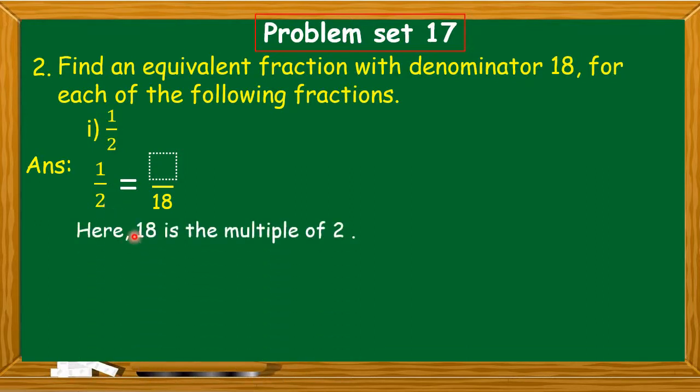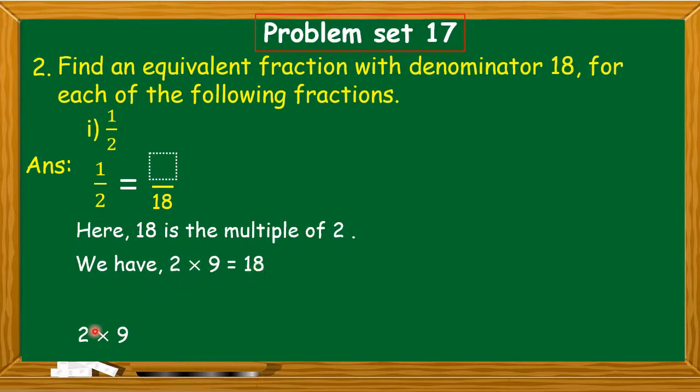Here 18 is the multiple of 2. So let us find out a number which when multiplied by 2 gives 18. Yes, we have 2 multiplied by 9 is equal to 18.